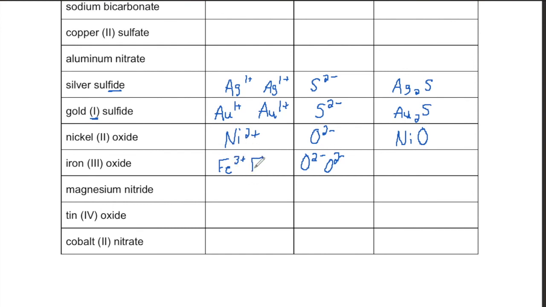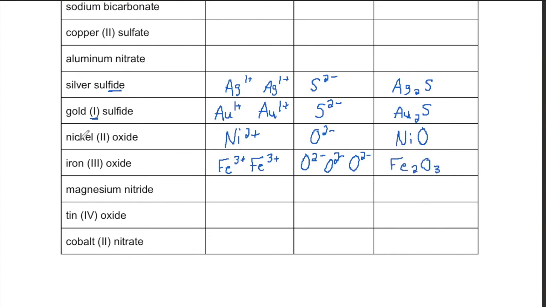Now we need more iron. And this still needs more oxide. Okay, so now we have a +6 over here and a -6 over here. So if you remember from fractions, finding the least common multiple, 2 and 3 can both multiply eventually to get you 6. So we can take 3 of the 2's, 2 of the 3's, and that will even out.